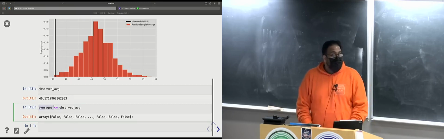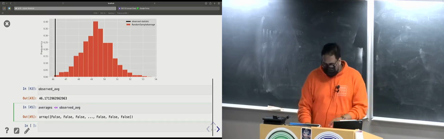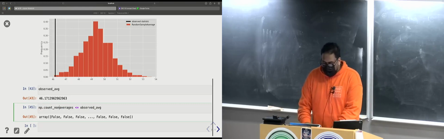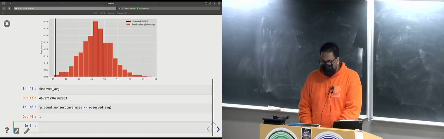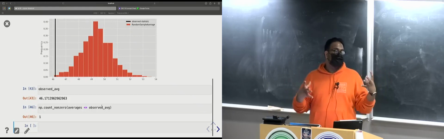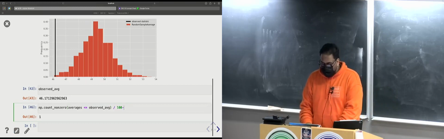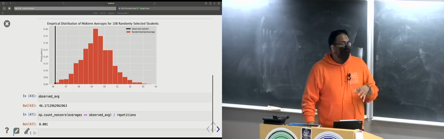And to figure out what proportion of these are true, I can sum them up or use np.count non-zero. So this will tell me one of my 1,000 randomly selected sections had an average less than or equal to ours. And so as a proportion, I'll use repetitions here, that is 0.001.